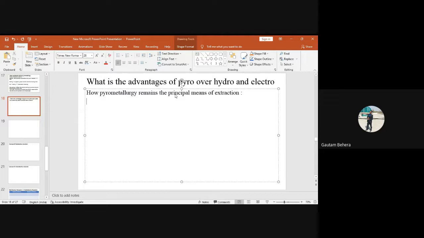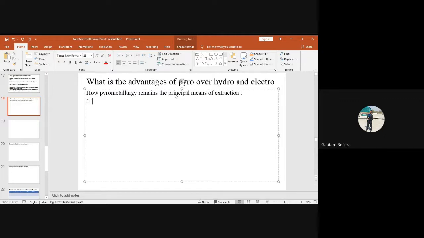Most of the metals we use are extracted by pyrometallurgy, like tin, copper, iron, and lead. Many more metals are extracted by this process in bulk amounts. So whenever we want to extract metals in bulk, we should go for pyrometallurgy. That gives more benefit.